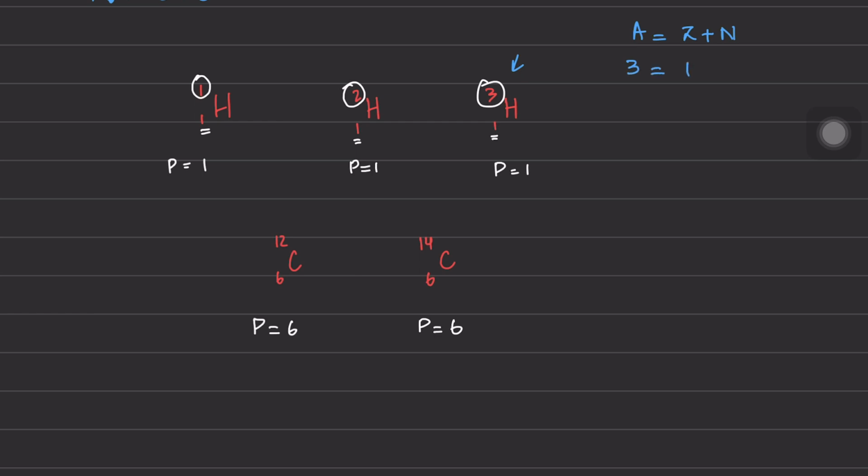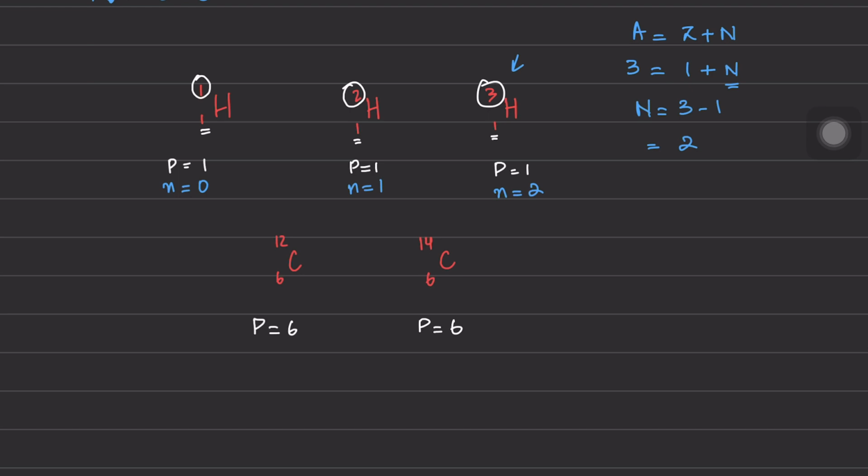Proton number is 1. That means what am I left with? Sorry, the number of neutrons. So the number of neutrons in this case is 3 minus 1, which is 2. In this case, how many neutrons do we have? 2. In this case? 1. In this case? 0.